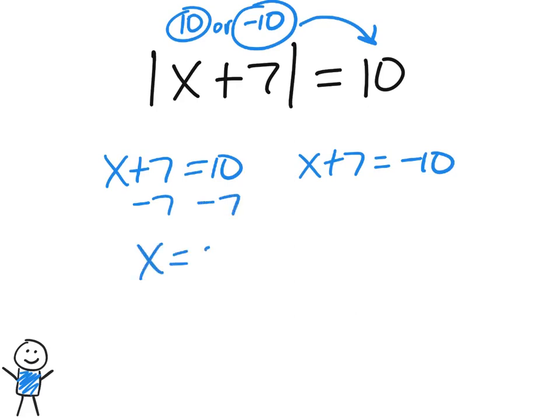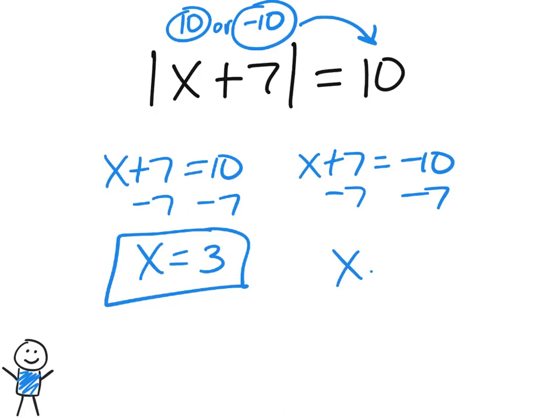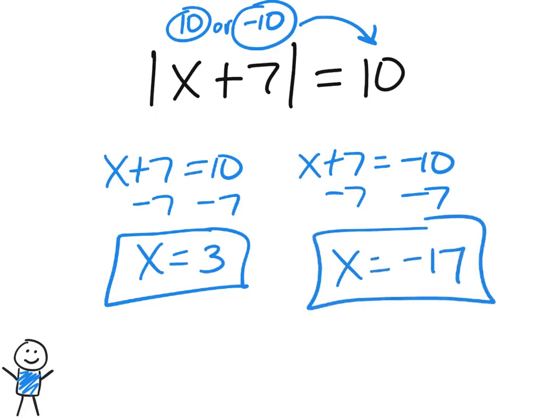One of my values is 3. And the other possibility is, if I subtract 7 on this one, -10 minus 7 gives me -17. Either of those values, if I replaced x with them, would give me an absolute value that is 10 units away from 0 on the number line.